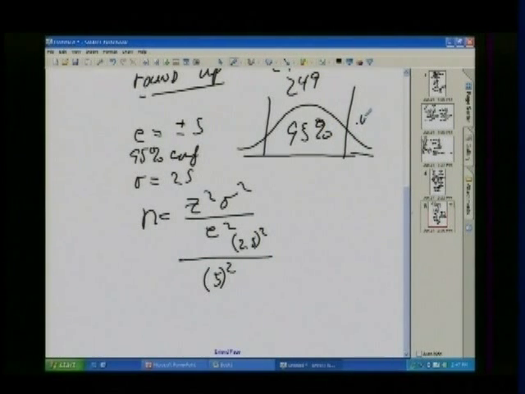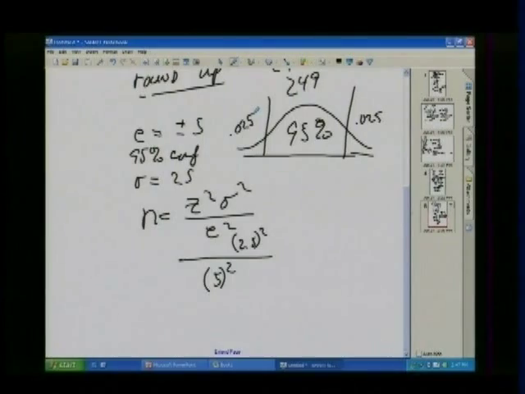That's going to be 0.025 in each tail. You might be beginning to remember this value, but if not, you could go back to your table and look it up. Since it's a z formula, a two-tailed problem, and the confidence level is 95%, you should end up with the value 1.96.